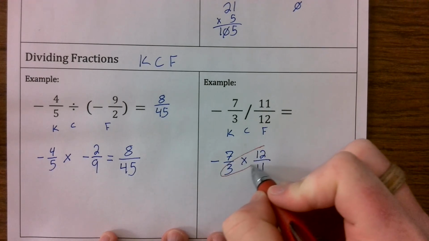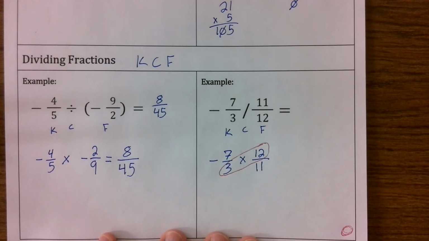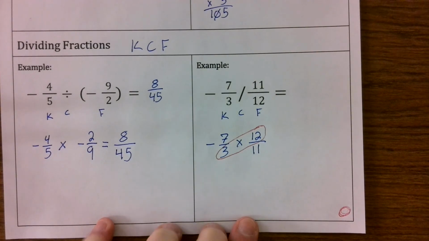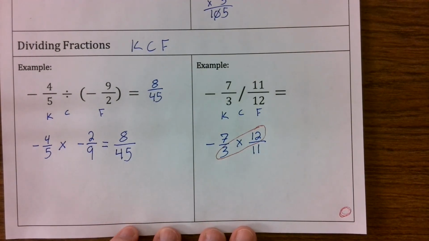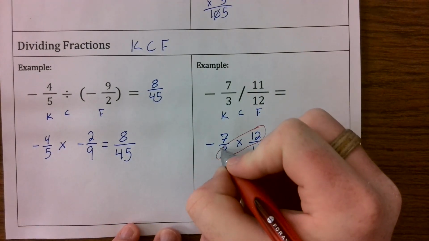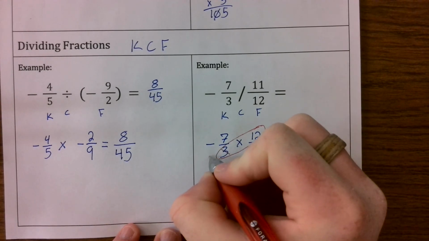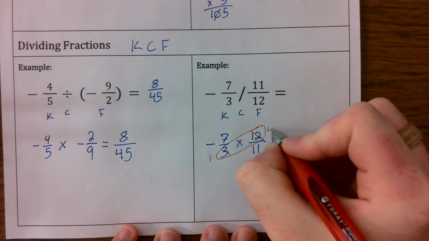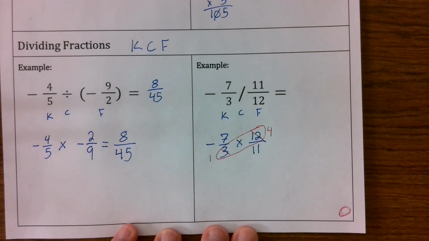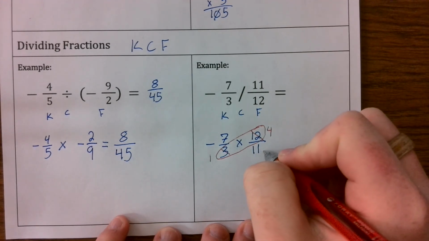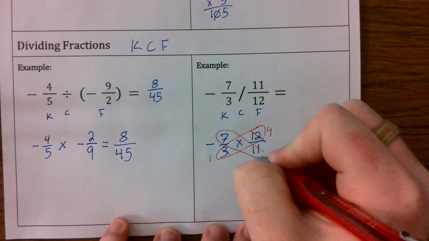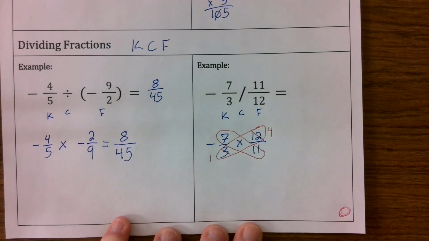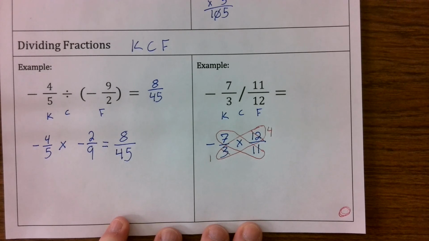All right, so we're looking at 3 and 12. I know that 3 goes into both of them. So 3 divided by 3 is 1. 12 divided by 3 is 4. So we simplified there. Now let's look at 7 and 11. 7 and 11 are both prime numbers, so we are going to keep them the same.